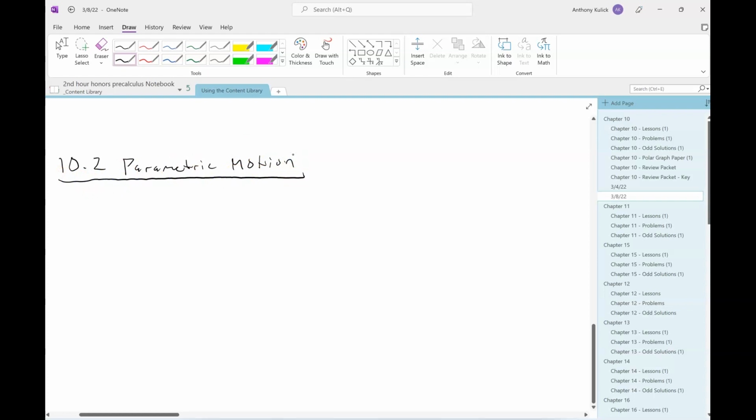And one of the natural extensions to parametric functions is dealing with two-dimensional motion. So imagine you have a cannonball and you load it into a cannon, you fire it, and you're trying to figure out the position of that cannonball some time into the future.